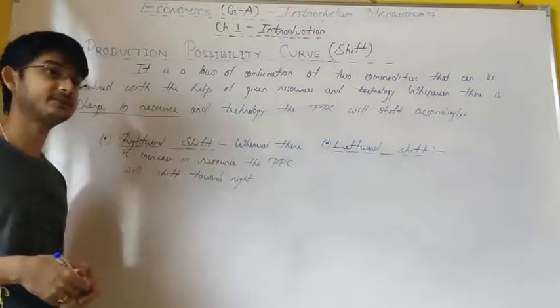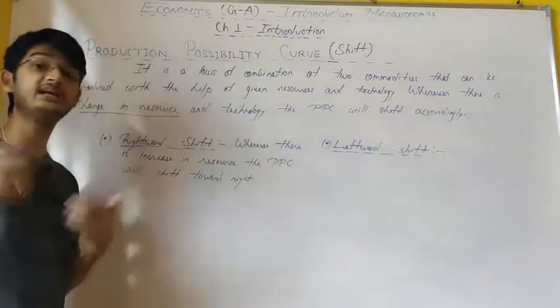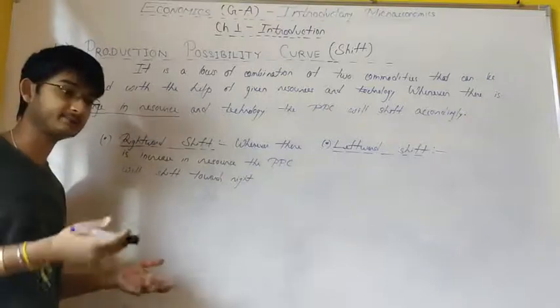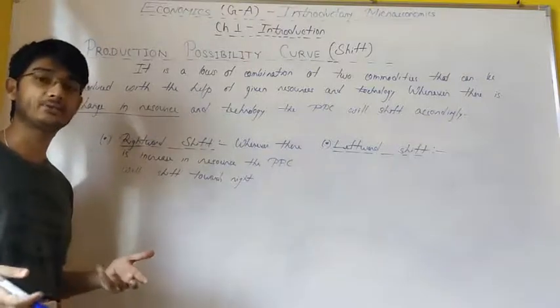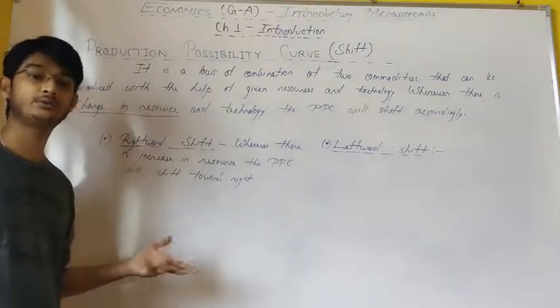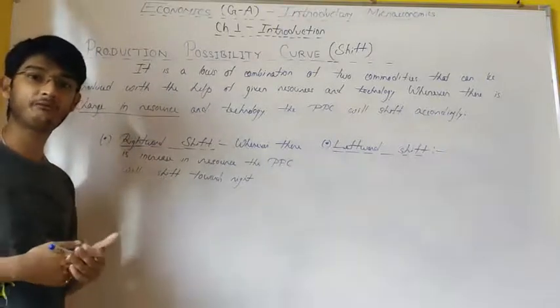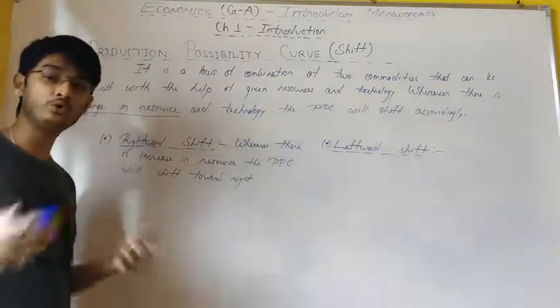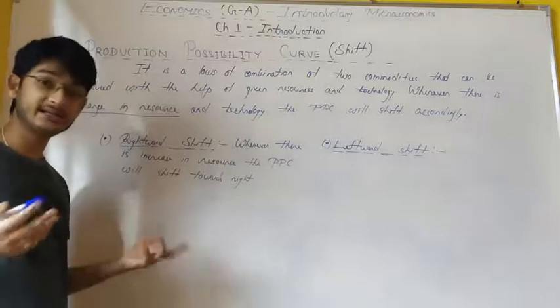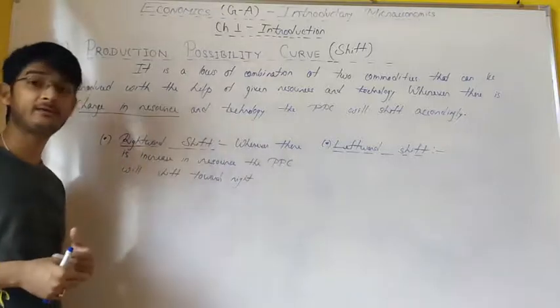And suppose there is some increase in skilled labor, because there is more government expenditure on education and health, which has created a skilled and healthy labor force. With a skilled and healthy labor force, there is no company or institution which will not employ them.